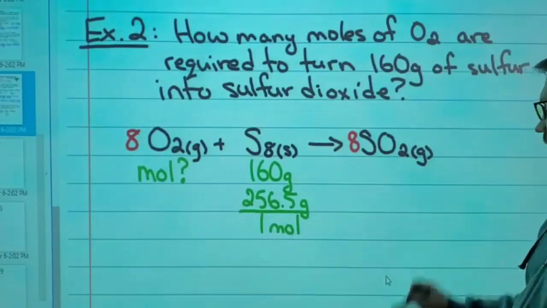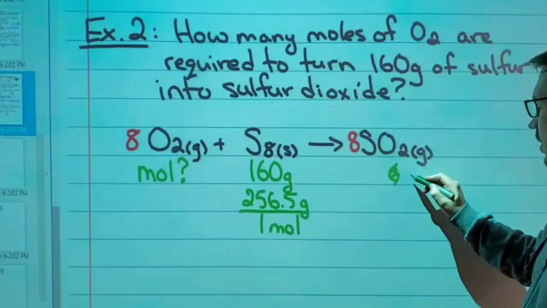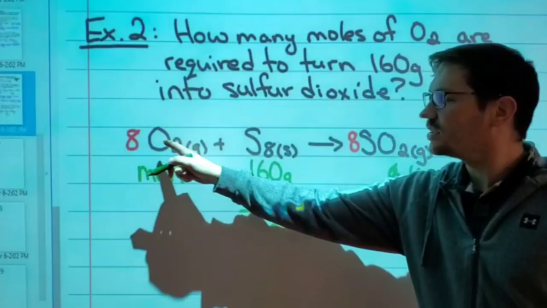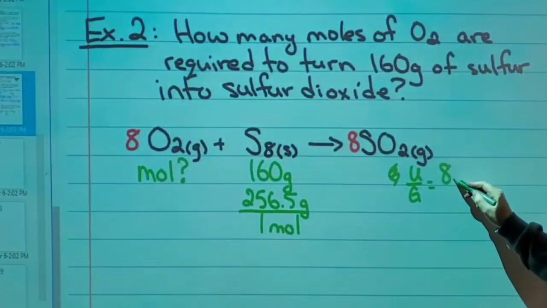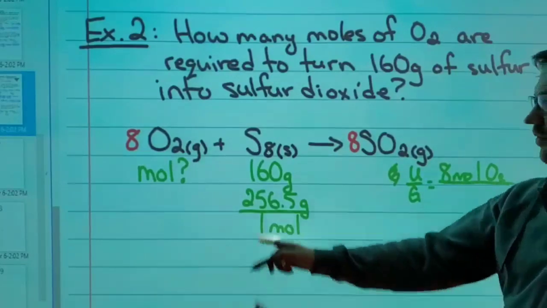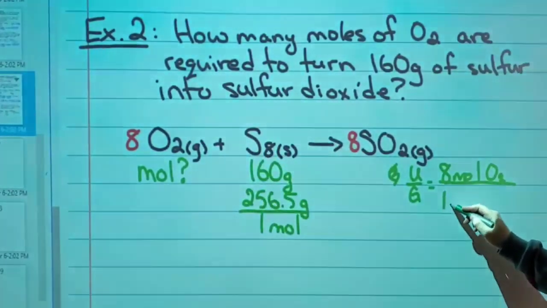The molar ratio is always unknown over given. So it's 8 moles of oxygen for every 1 mole of S8.